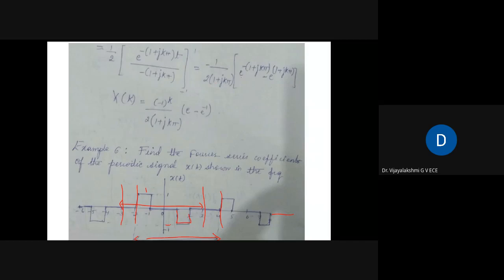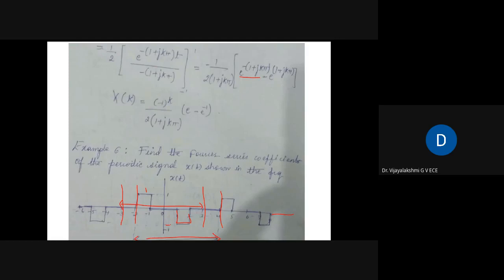After applying the limits, this is what you get: e raised to minus 1 plus j k pi, t is 1. And here this minus sign will go because t is minus 1. e raised to 1 plus j k pi, divided by, already 2 is there, we have taken this term out, so 2 into 1 plus j k pi.